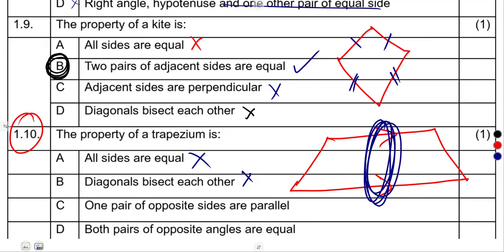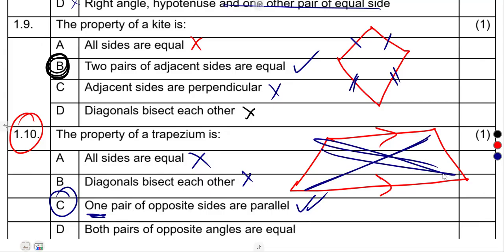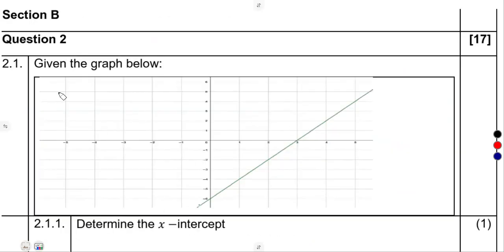Only one pair. That is actually correct. Both pairs of opposite angles are equal. The opposite angles. No. This is for a parallelogram, not a trapezium. So this one is totally out. For a trapezium, it is one pair of opposite sides parallel.